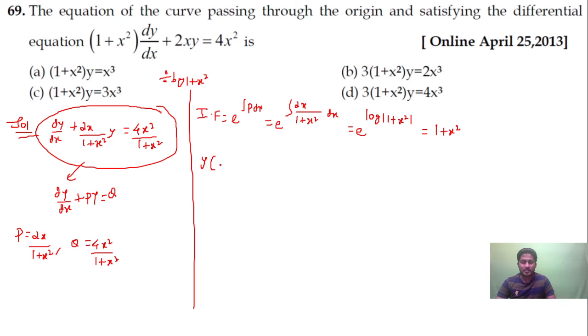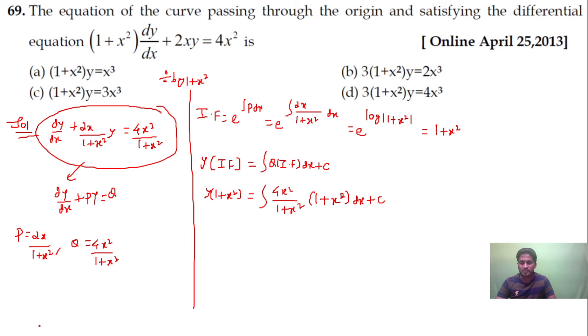Solution is y into integrating factor is equal to integral q into integrating factor dx plus c. Now y into integrating factor, 1 plus x square, is equal to integral q, that is 4x square divided by 1 plus x square, IF is 1 plus x square, dx plus c.